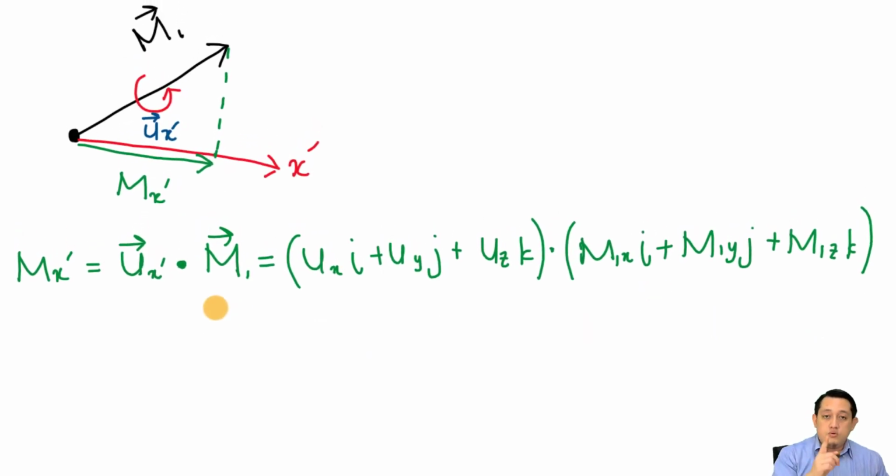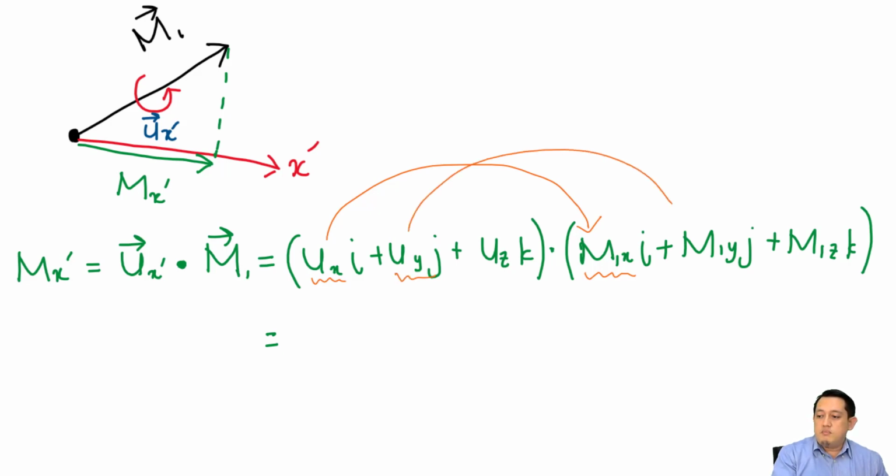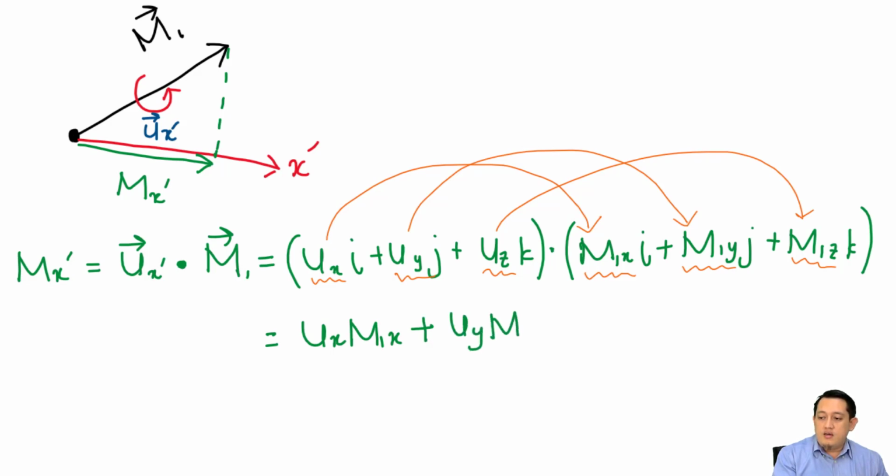When we do dot product, this ux you multiply with M1x, plus uy you multiply with M1y, plus uz you multiply with M1z.